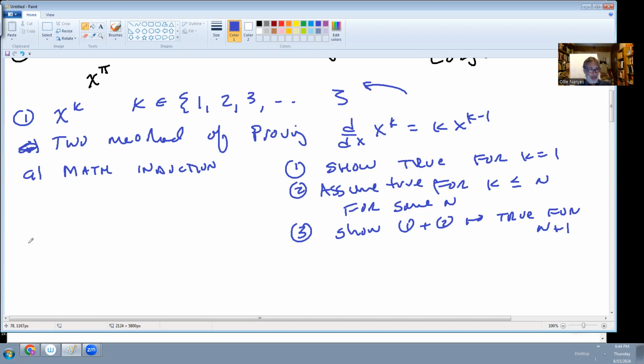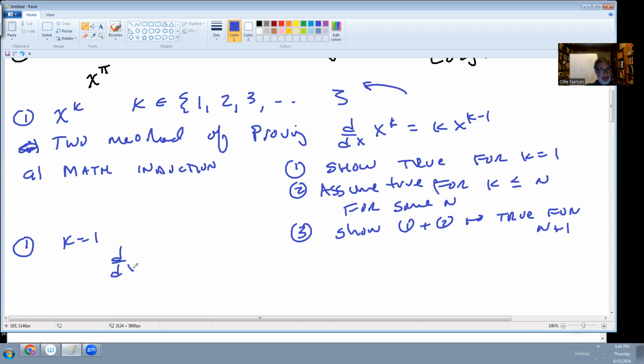So let's start. I'm getting my little indices screwed up a bit, hopefully you can deal with that. Let's do 1. Let's try k equals 1.